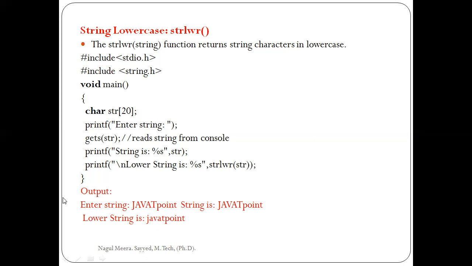Observe this output. The system asks to enter string, and we have entered JavaTpoint, where J and T are capital. So the given string is JavaTpoint. Now the strlwr function converts the capitals to small, so the lowercase is javatpoint.